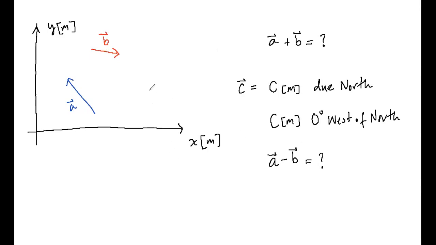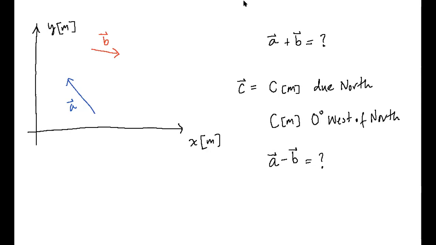In order to subtract one vector from another, you take the vector that you're subtracting and apply the minus sign to it. In other words, we make it a negative of itself, and then we add A to the negative of B. When you multiply a vector by -1, all you're doing is keeping it the same but flipping its direction exactly 180 degrees.